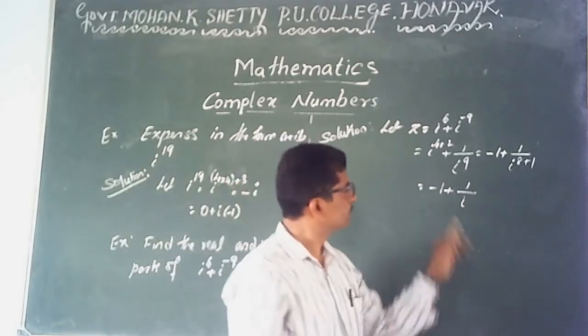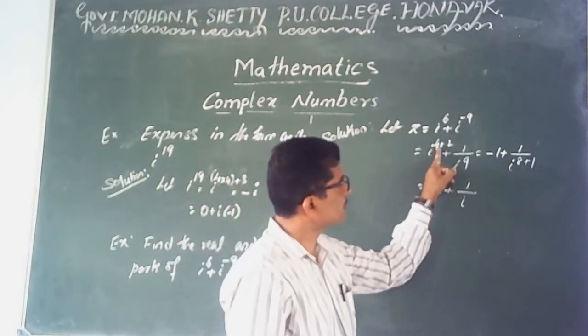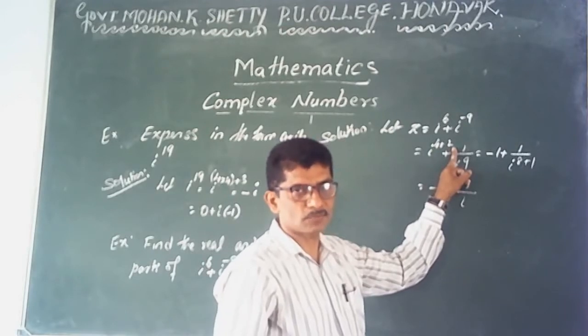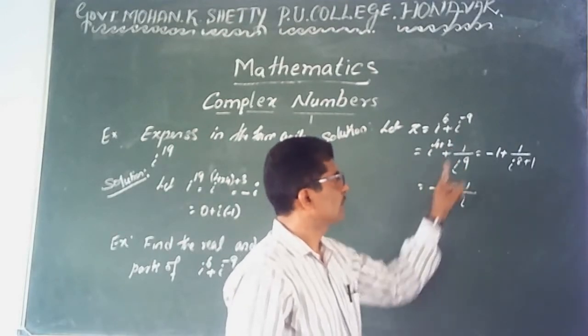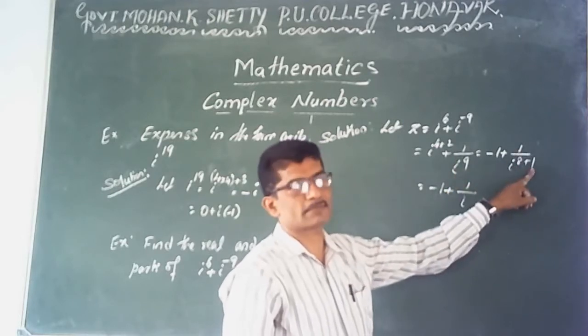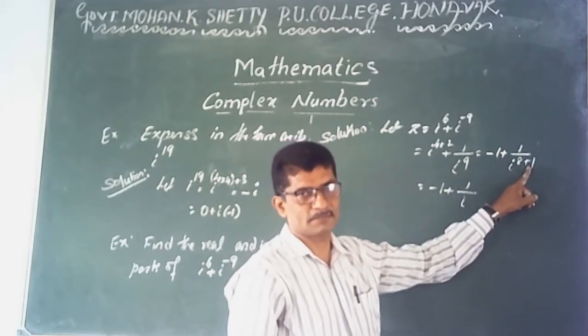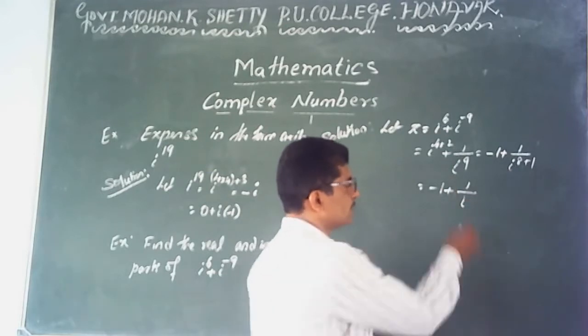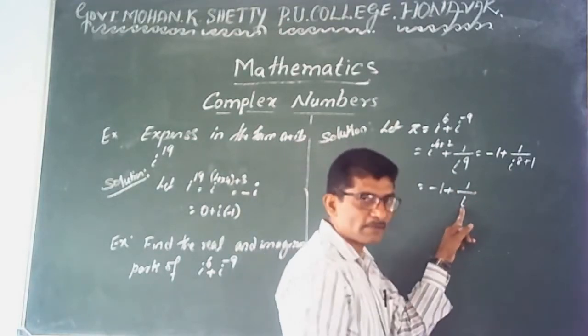Is that clear? i to the power 6 means i to the power 4 plus 2, which is 4n plus 2, giving minus 1. Then 1 by i raised to 9. i raised to 9 means i raised to 8 plus 1, which is 4n plus 1, and 4n plus 1 means i. It is the multiplicative inverse of i.